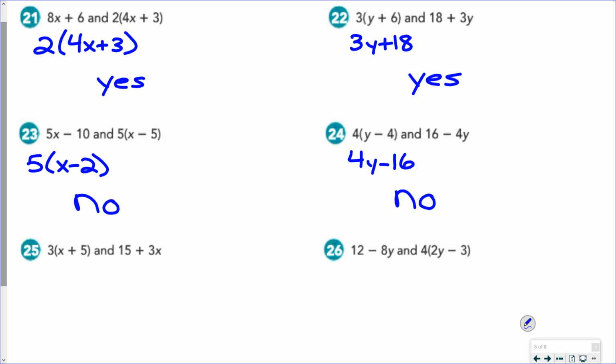For number 25, we would have 3x plus 15, which is the same as 15 plus 3x, so they would be equivalent. And for number 26, 4 times the quantity 3 minus 2y, and you cannot move things around with subtraction, so those would not be equivalent.